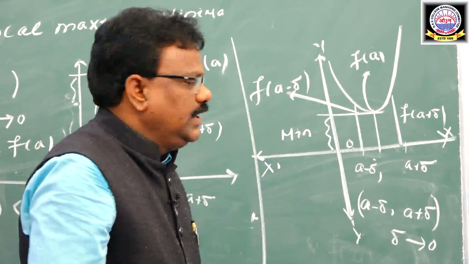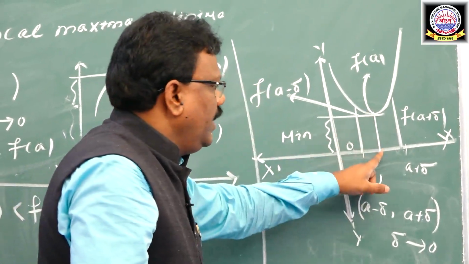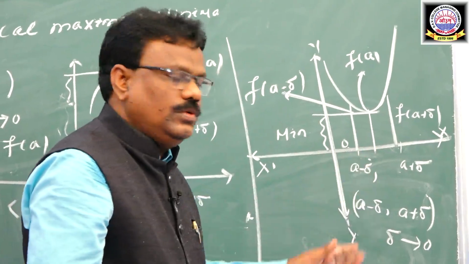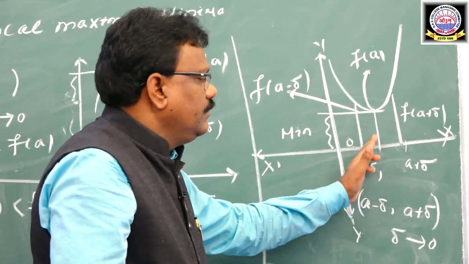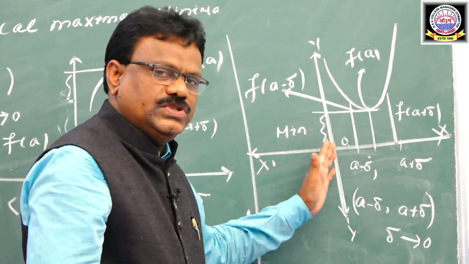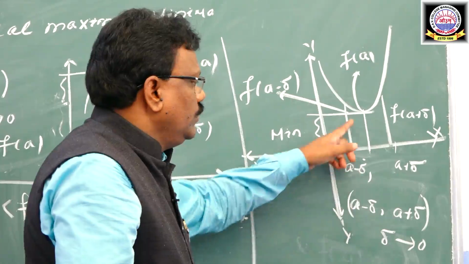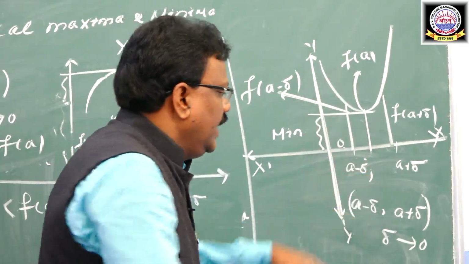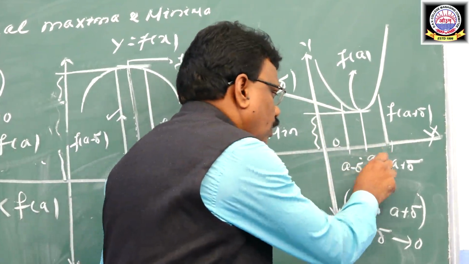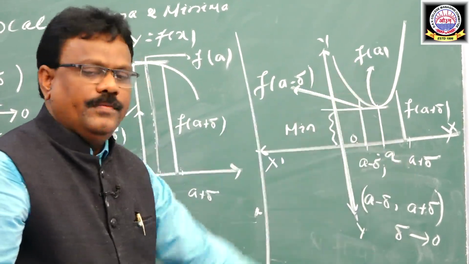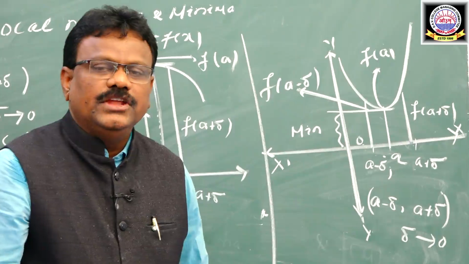In this local interval, the value of f of A is less in comparison to any point previous to it and any point after it. So this point A is called local minima, and f of A is called the local minimum value.